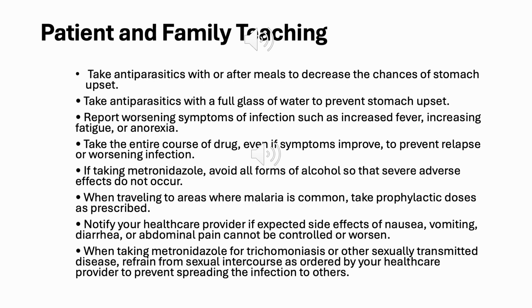Check the ongoing laboratory work as it is ordered for any abnormalities that can indicate an adverse reaction or worsening of disease symptoms. Alert the healthcare provider as soon as possible if there is any change in the baseline levels.